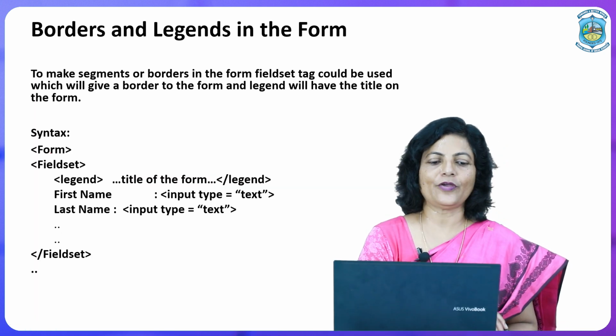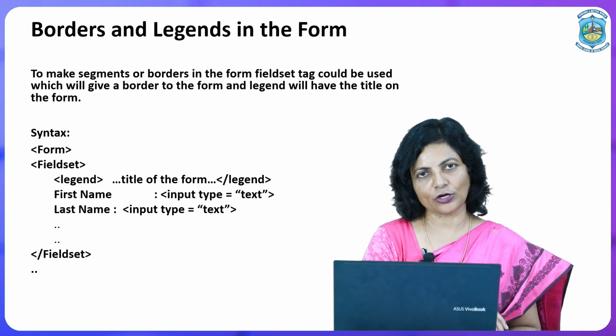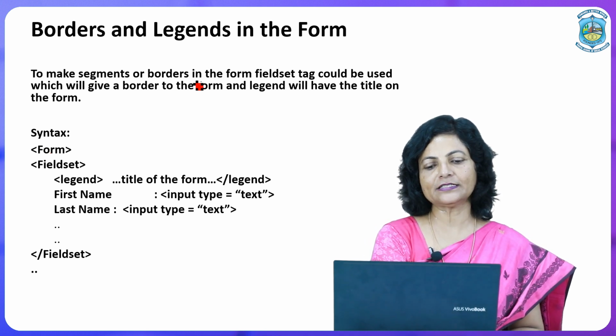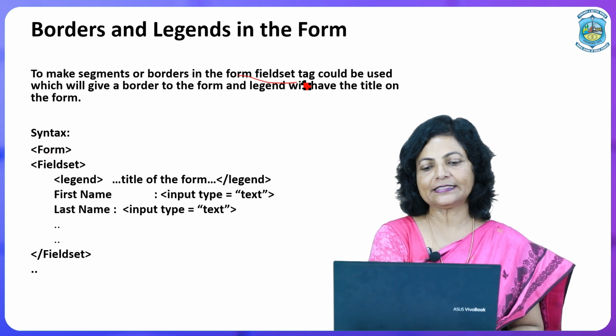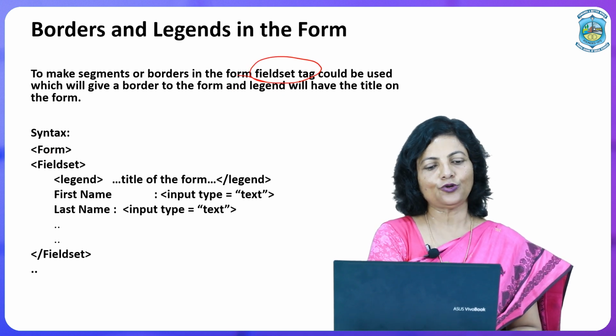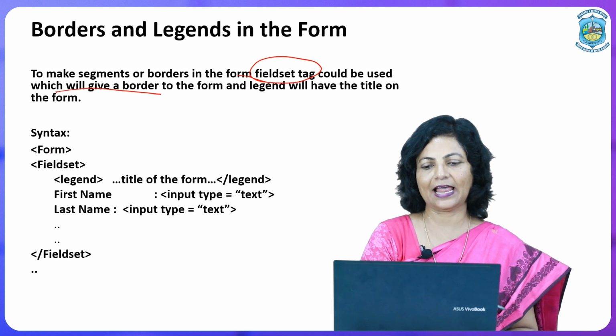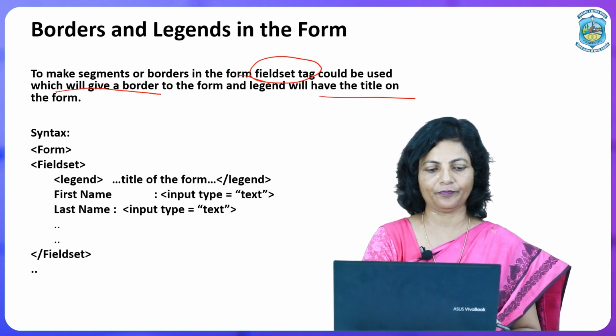Now, at the end we will learn the use of borders and legends in the form. To make segments or borders in the form, the fieldset tag can be used, which will give a border to the form, and legend will give the title of the form.